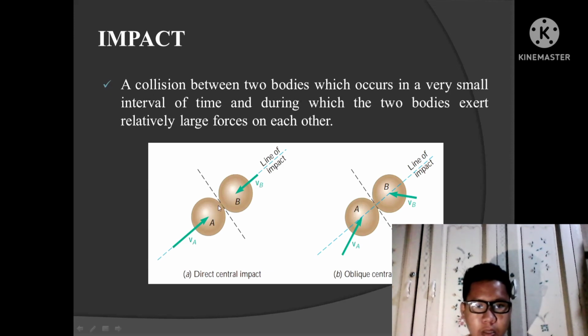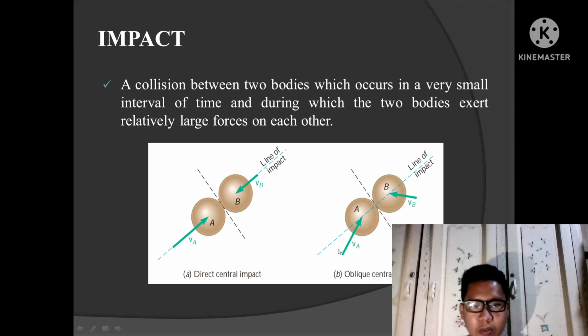This impact is said to be a direct central impact when the two bodies are moving along the same line, so they easily collide. That's called the direct impact.